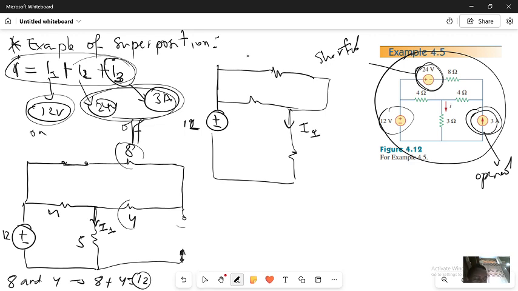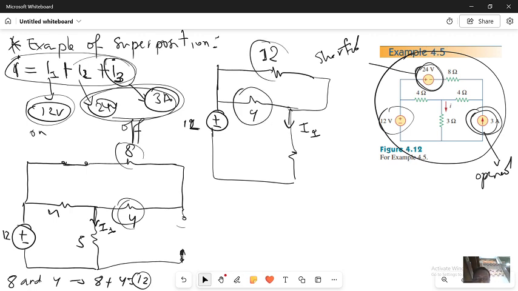Here it was 4 plus 2 plus 8, because they are in series, so now I put the equivalent, which is 12. Now let's check again.